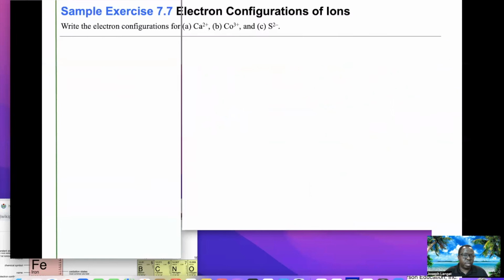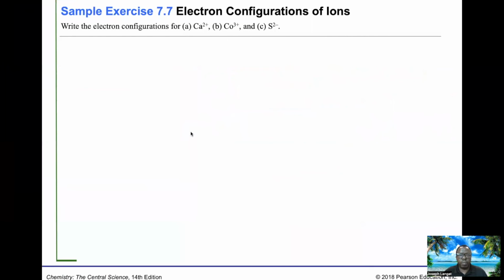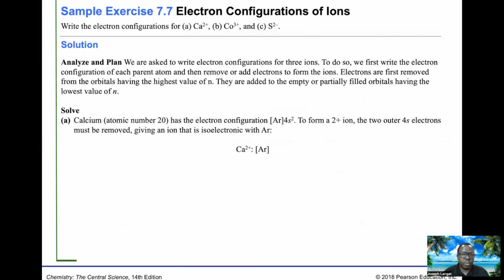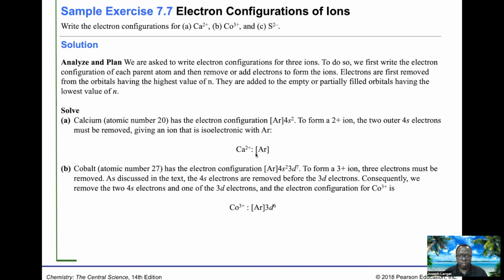So here is an example, 7.7, electron configuration for ions. Writing electron configuration for ions. Calcium, all right, number 20, 4s electrons are removed, and this is isoelectronic with argon.